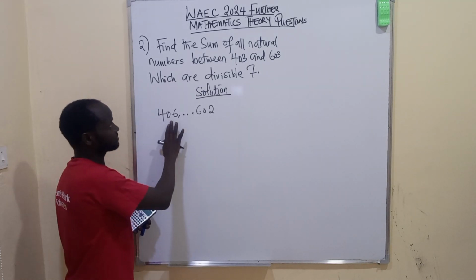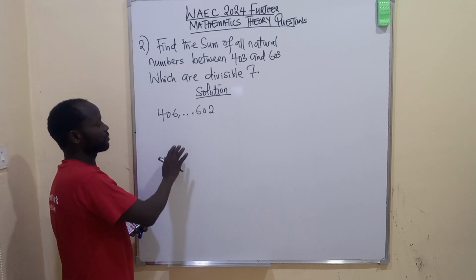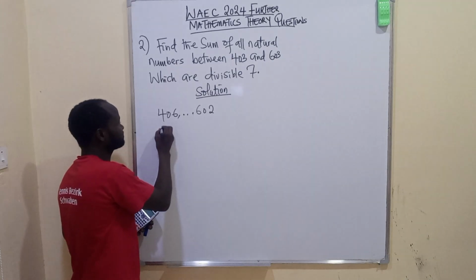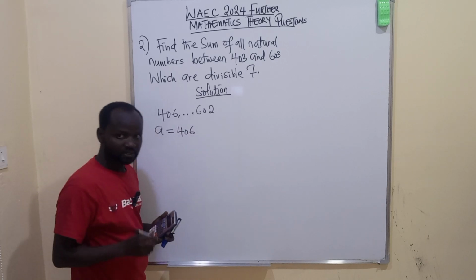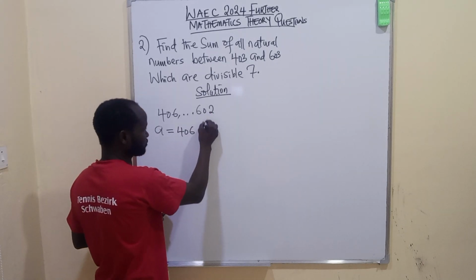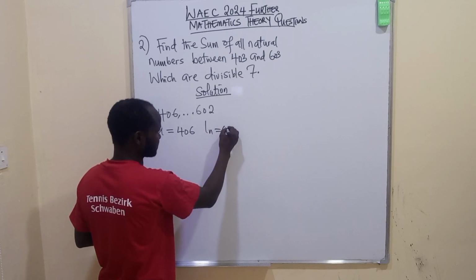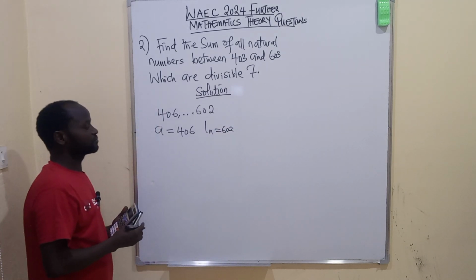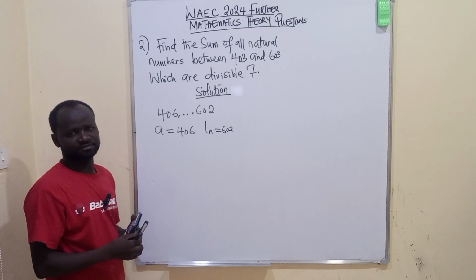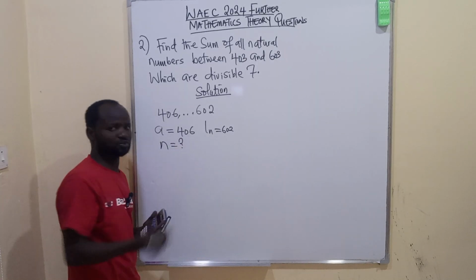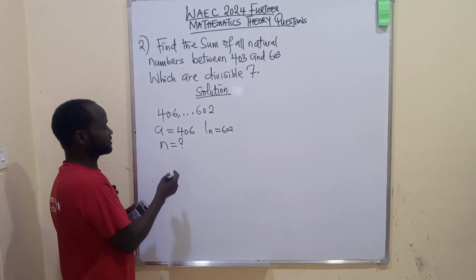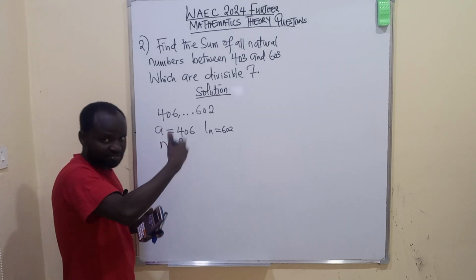So since this is arithmetic progression now, we know that our first term A will be 406. Then our last term here, of course, will be 602. Then what will be the number of terms? We don't know, so our number of terms will be a question mark. The common difference is increasing by 7.